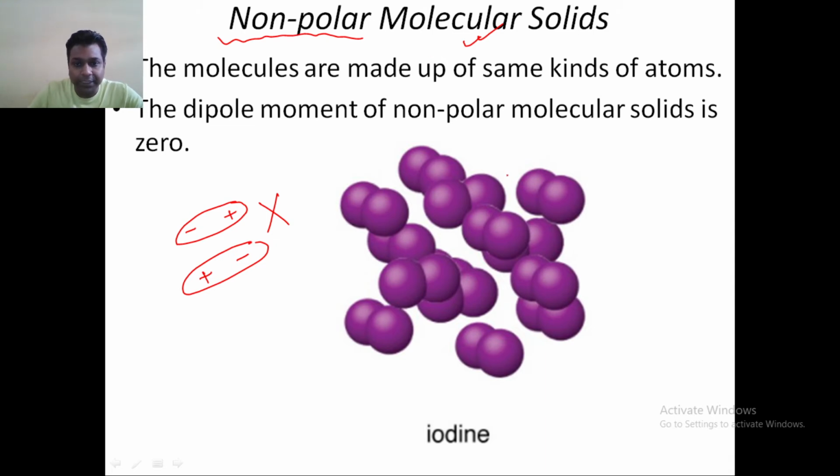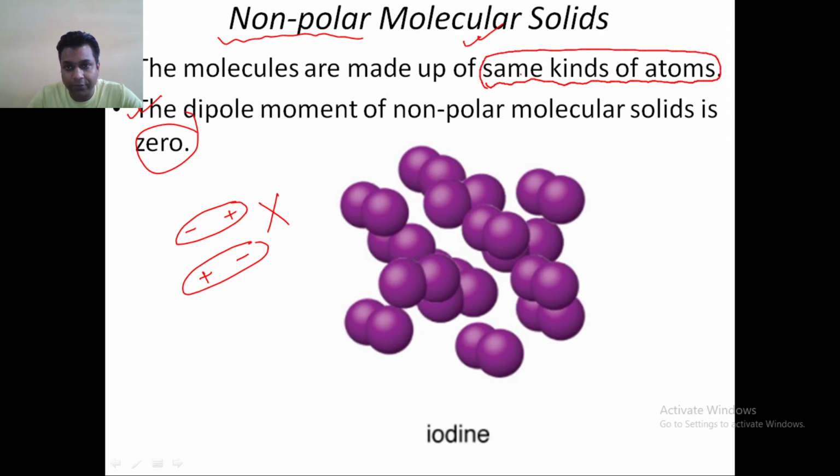So that's why the dipole moment, as I have told you, is zero, and this is very important: the molecules are made up of the same kind of atom. We have to understand, like iodine, chlorine, all these things. As you can see here, I have taken the diagram of iodine.